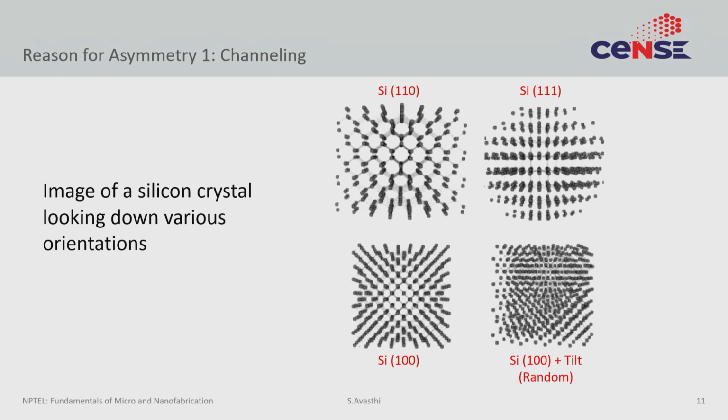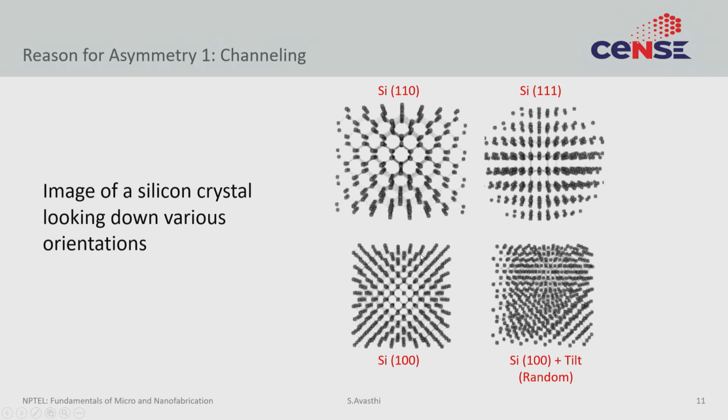And this is just what the cross section of that lattice orientation looks like. However, you may notice that even though silicon has a certain atomic density, the apparent density of atoms per centimeter square looking at these three different orientations is different.